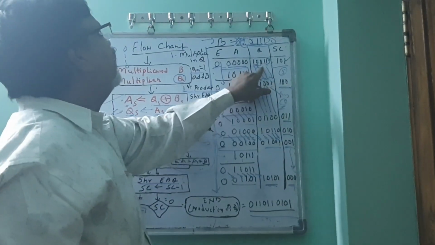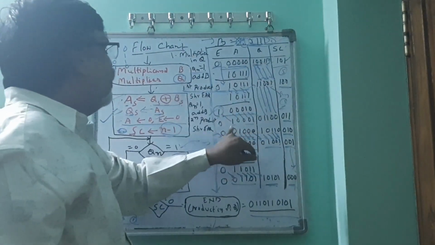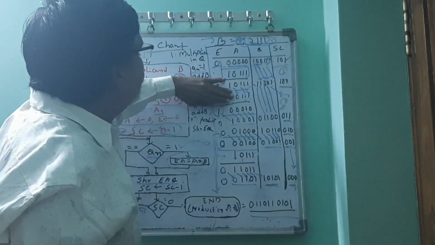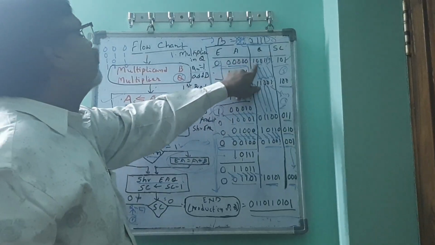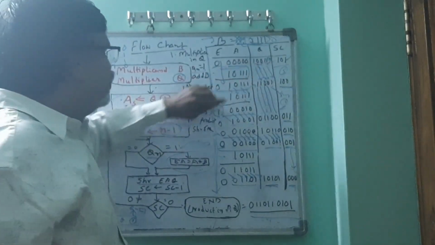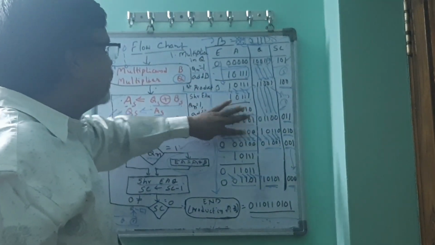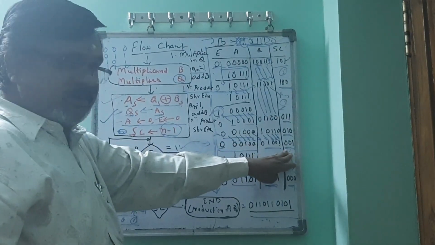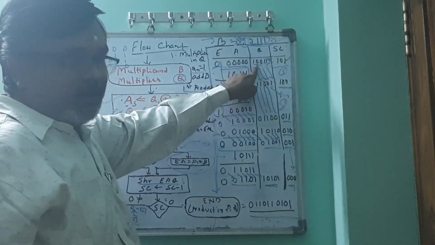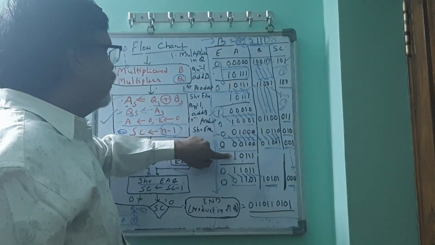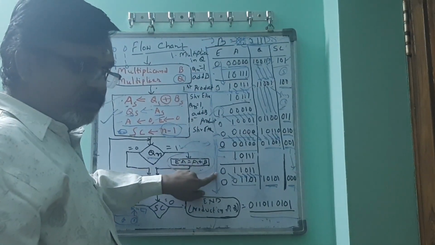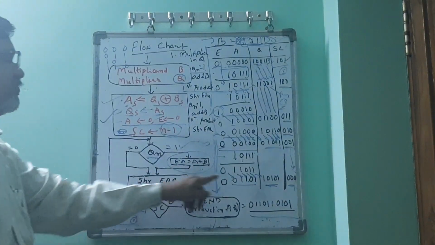And third time the Qn value will be 0, so without performing addition, simply shift right. Then fourth time the Qn value will be 0, without performing any addition, it is simply shifted right. Fifth time the Qn value will be 1 and we are adding 10111 here. This is the result we got. And after adding we are going to shift right.